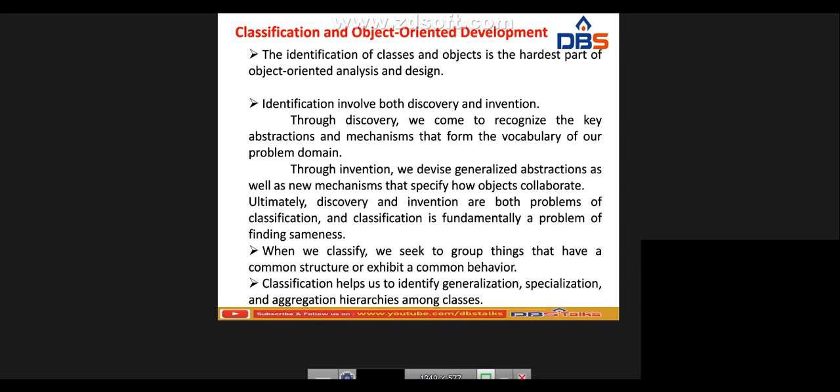Next, classification helps us to identify generalization, specialization, and aggregation hierarchies among the classes. Classification helps us decide which relation to assign between different classes. It may be generalization, specialization, or aggregation. So whichever relation we define, classification lets us easily identify these relations in the hierarchy among the classes.